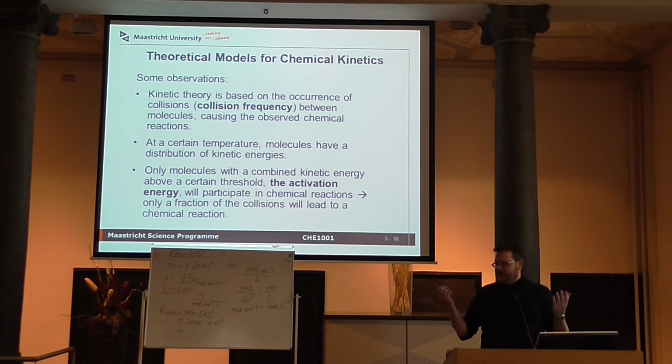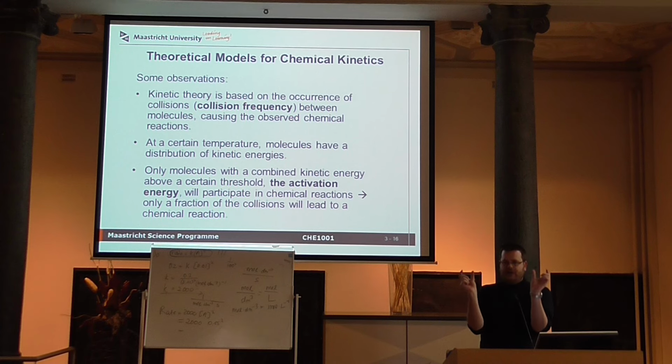Now think about it. If you have two molecules that bounce against each other, they're only going to form new chemical bonds, in other words a reaction, when those two molecules are in the right orientation.